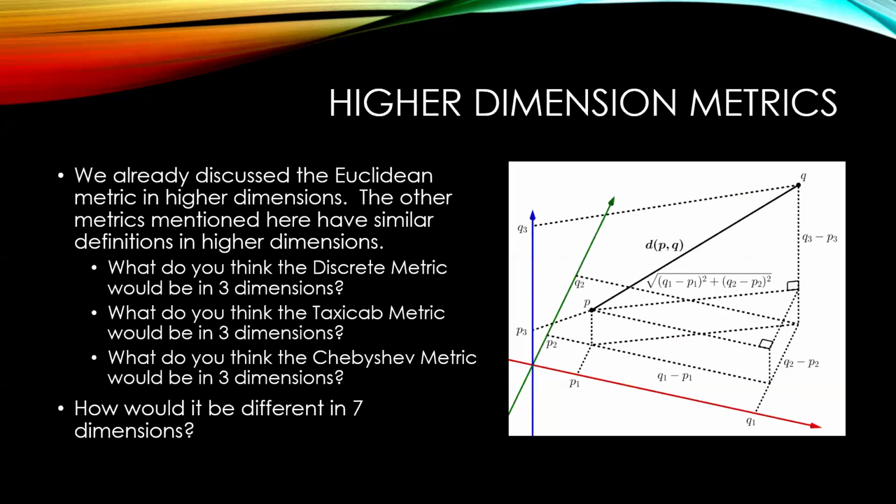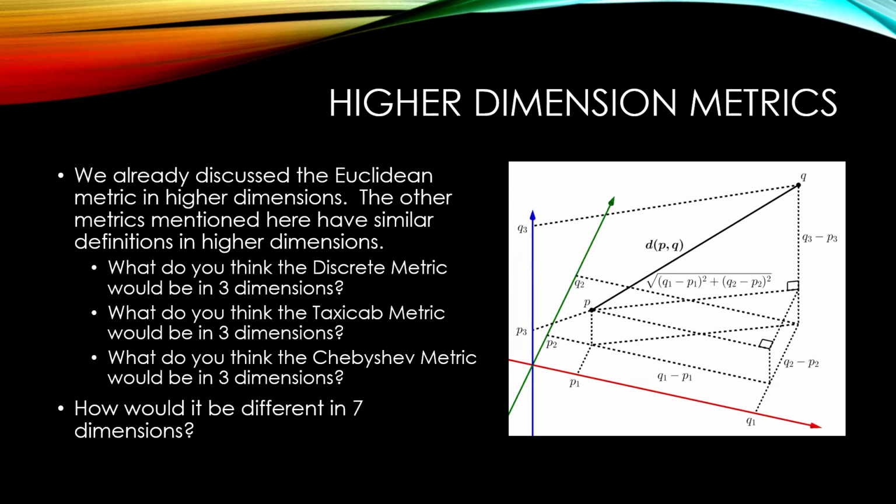We can, of course, do this in higher dimensions too. We already talked about what the Euclidean metric looks like in higher dimensions. Well, what do you think the discrete metric would be in 3 dimensions? It's going to be the same idea. It's going to be how many times are you jumping from one position to the next position? What about the taxicab? How would that work in 3 dimensions?